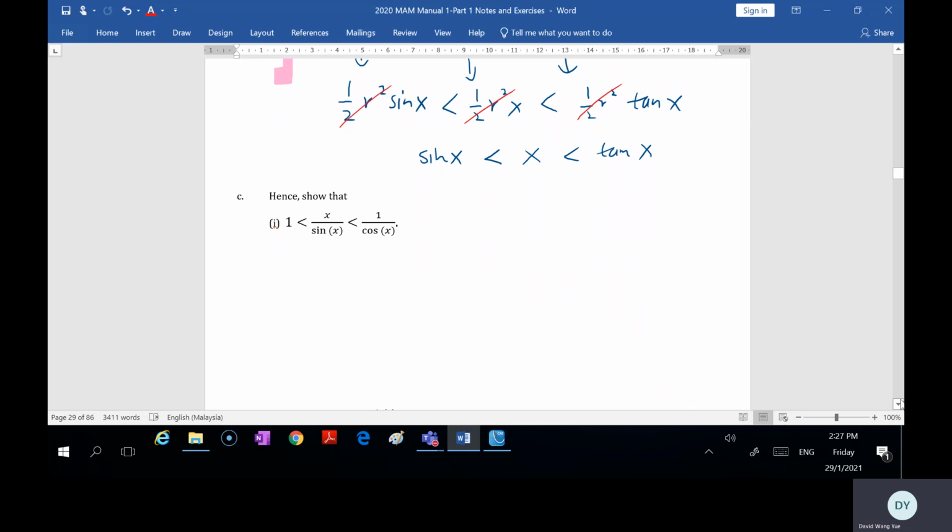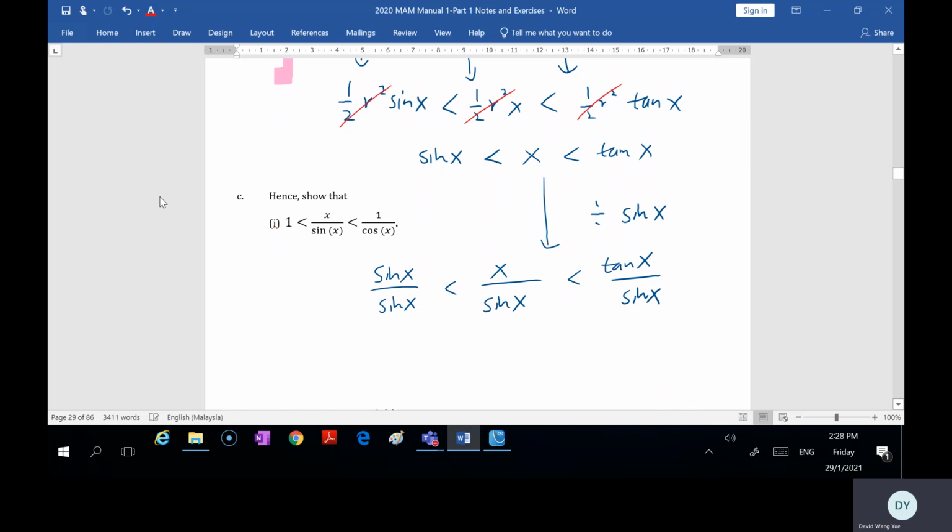What happens next is, I'm going to divide all of this by sin x. So sin x over sin x is less than x over sin x, which is less than tangent x over sin x.